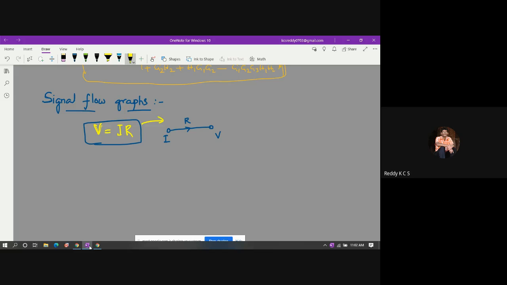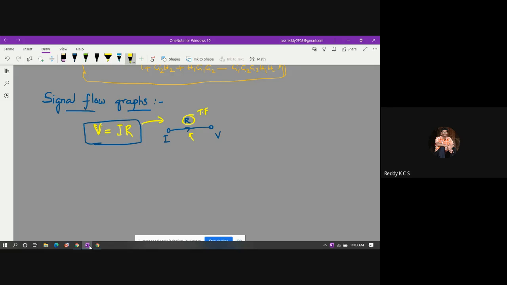As I told you, V is obtained from I multiplied by R, because V is dependent on the variable I. The branch is associated with a transfer function, and the direction of the arrowhead shows how the signal flows from I to V. So the branch is associated with this transfer function and an arrow.